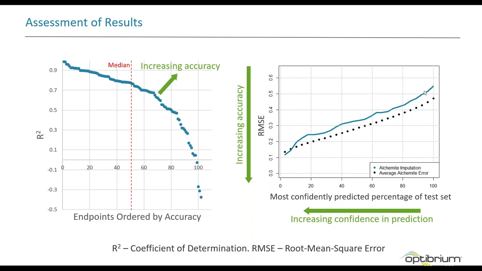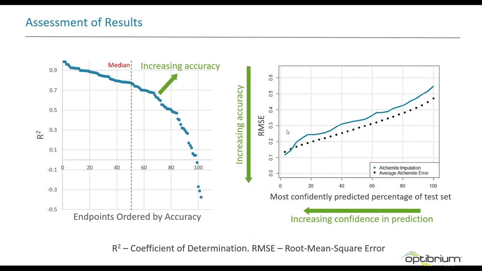But as we go towards the left, where we remove predictions with the lowest confidence or with the highest uncertainty, and focus on the subset of predictions that have the highest confidence, we see that the error drops, which reflects an increase in the accuracy. And in this example here, we see a strong correlation between the estimated uncertainty and the actual accuracy.